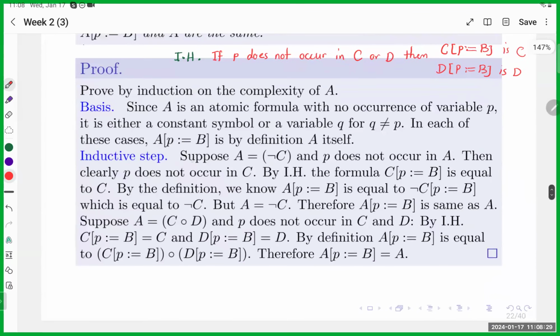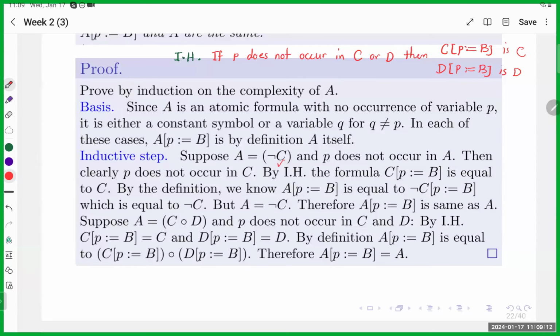But let's continue. Suppose now A is negation of C. Note that here, really, it's about this C here. A is negation of C, and C has a complexity 1 less than complexity of A. So it falls into our inductive hypothesis. We know that if P does not occur in C, then the substitution of C is going to be C itself. Now, do we know that P does not occur in C?